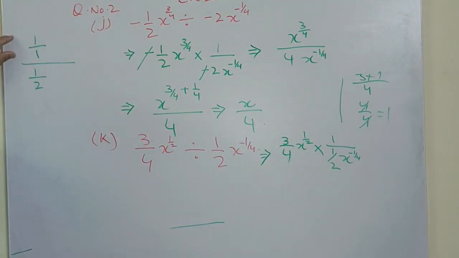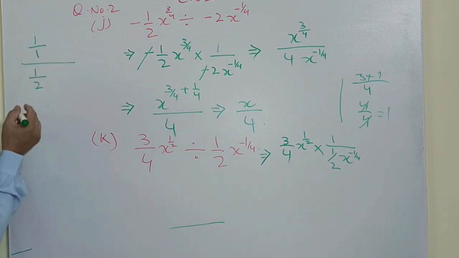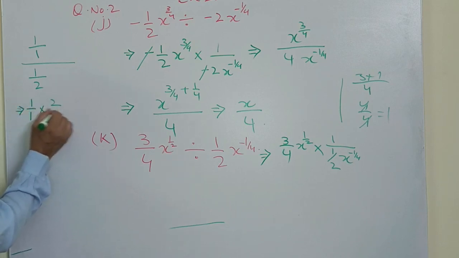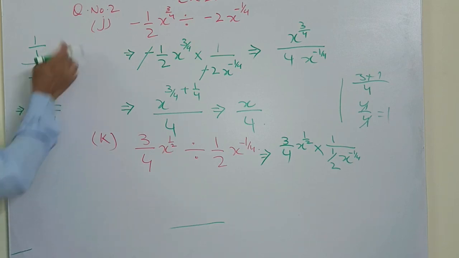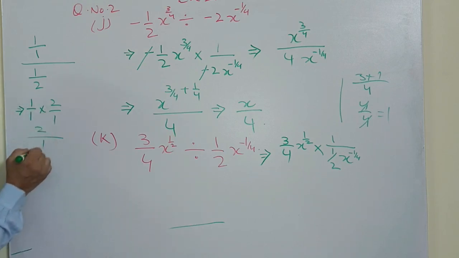Now if you see 1, or whatsoever it is, that is also divided by 1. And now what will happen over here? This will just shift upwards like this. 1 divided by 1 multiplied by 2 divided by 1. It will go upwards, and when it goes upwards, it will change its position. It will become 2 divided by 1, so it will become 2 upon 1.